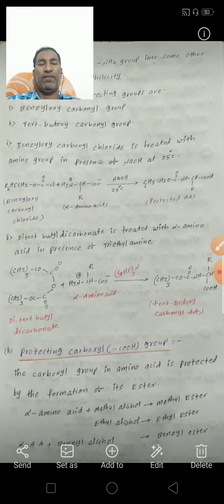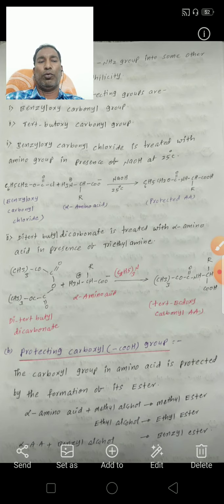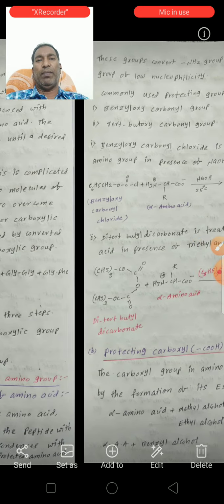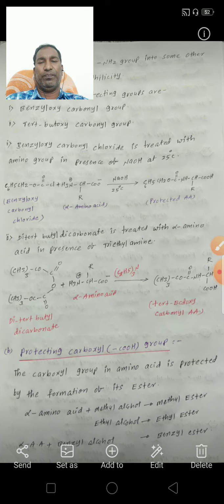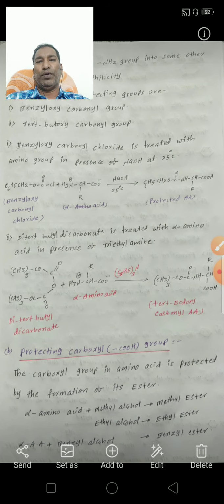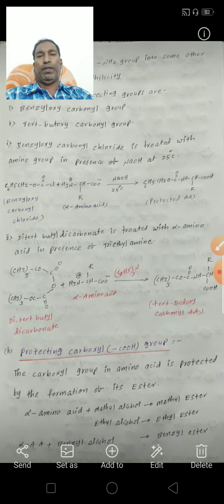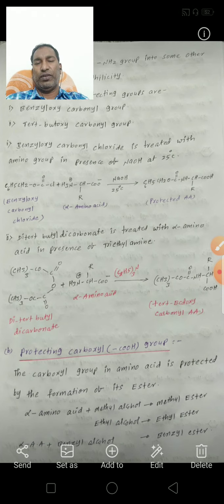These groups convert the NH2 group into some other group of low nucleophilicity. Commonly used protecting agents are the benzyloxycarbonyl group and the tertiary butoxycarbonyl group. First, benzyloxycarbonyl chloride is treated with the amino acid in presence of NaOH at 25 degrees centigrade.